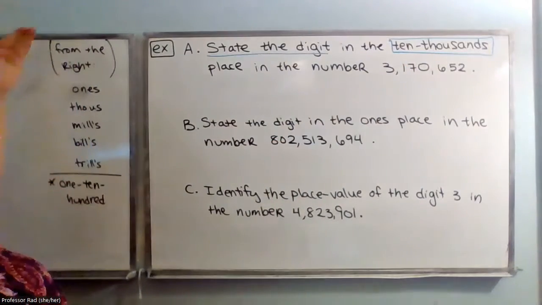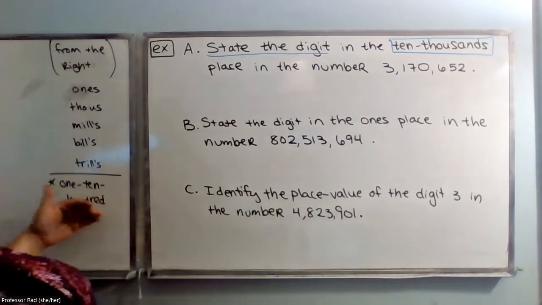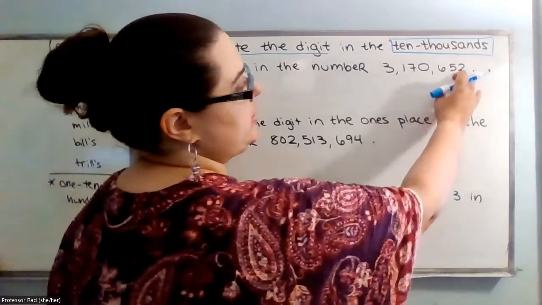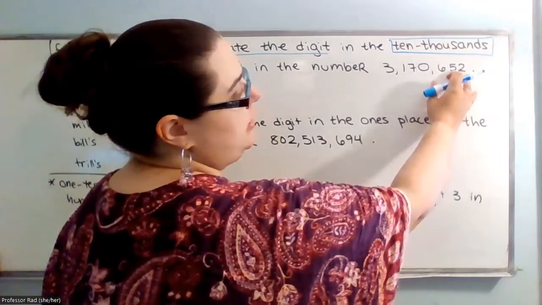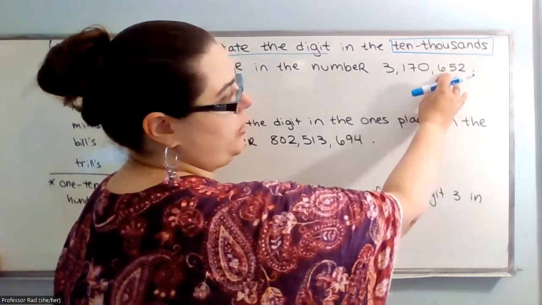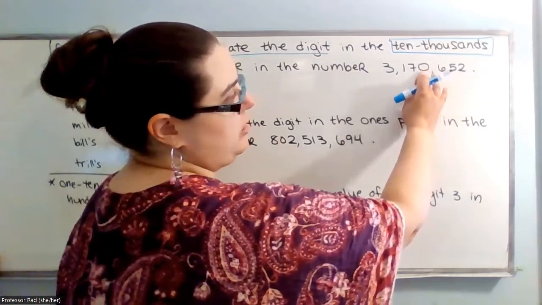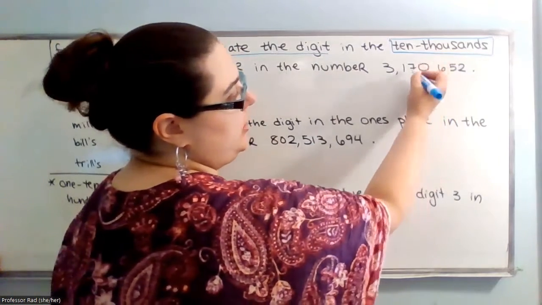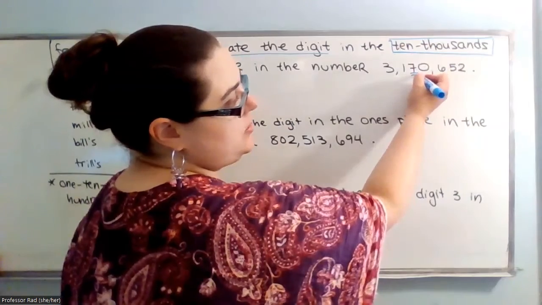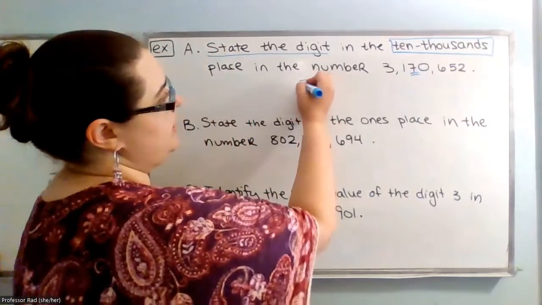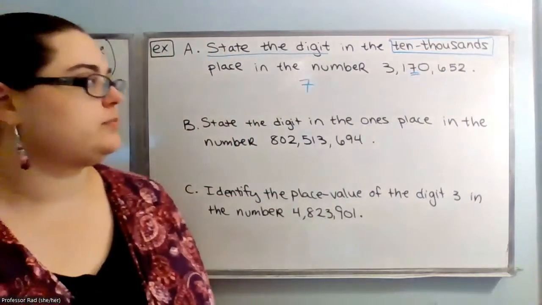So I'm going to work using this concept here. Starting from the right, this one is in the ones place. Then we have tens, and then we have hundreds. Then this is going to be the 1,000, and this will be our 10,000s. So the number that's in the 10,000s place is the 7.